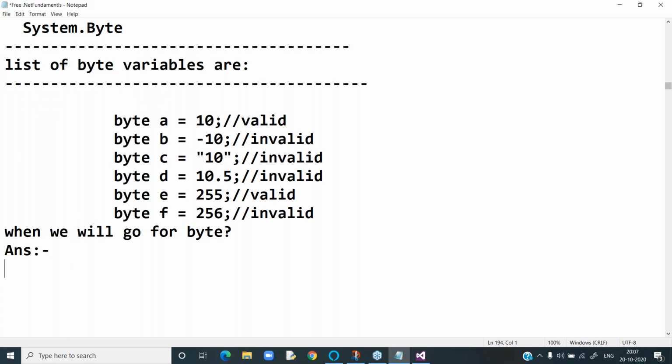Right. When we will go for byte, can you answer for this question?